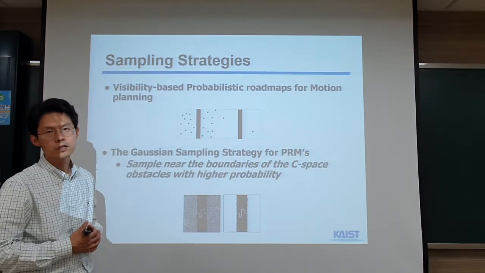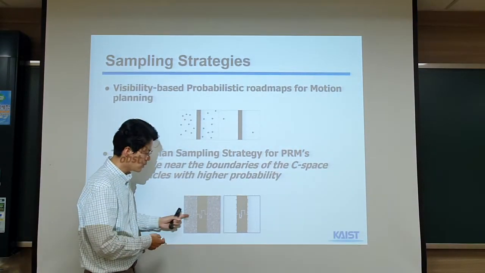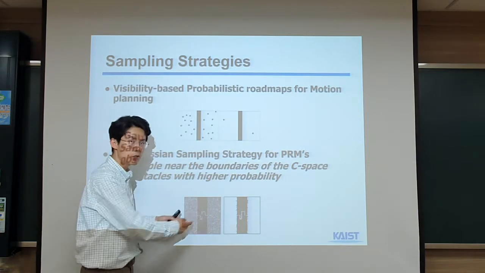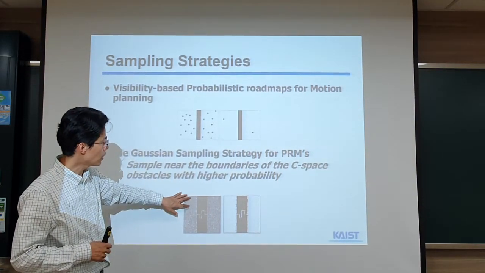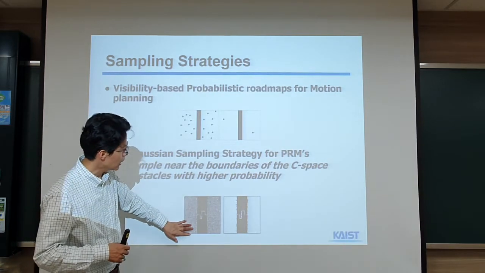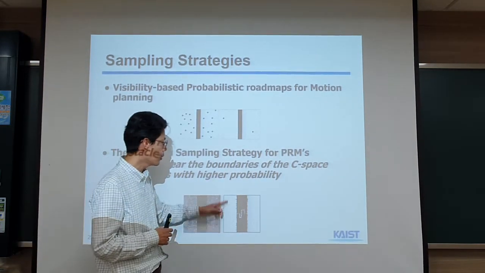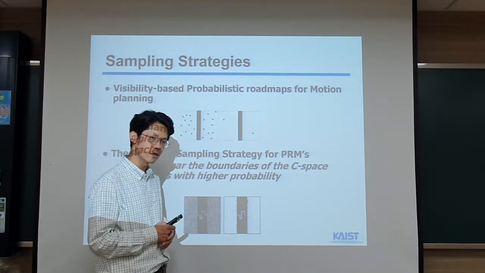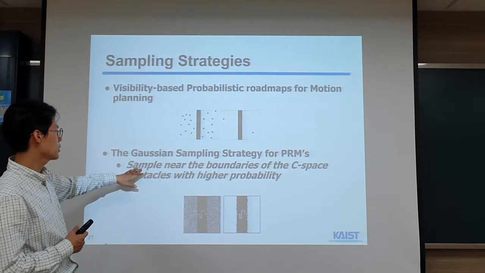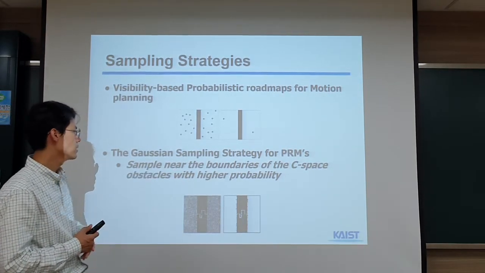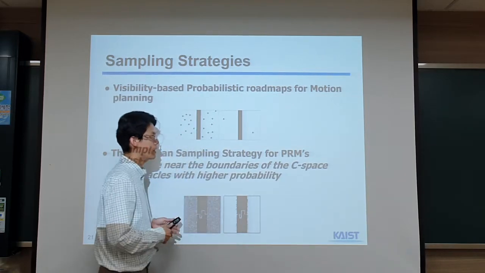If you just use uniform sampling, to find a path from here to there through the passage, we need to generate a lot of samples. We might generate a lot of unnecessary points even in this wide empty area. Instead, it might be better to generate samples only near the boundary of the obstacles. That's why they proposed a technique that generates samples near the boundary of C-space, so that they can find the path better through the narrow passage.